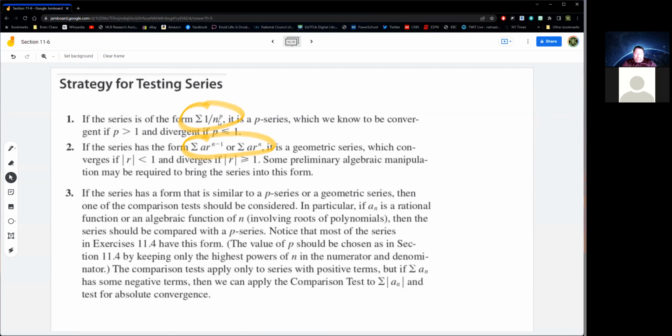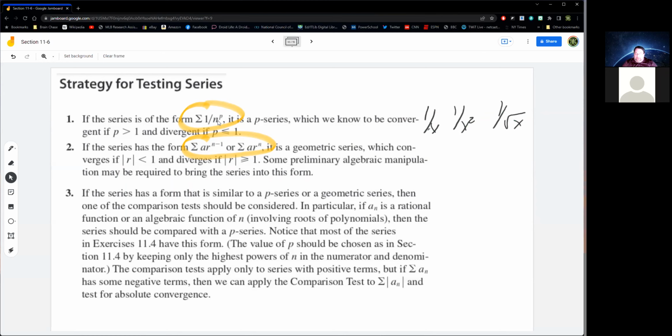So we have 1 over x squared, 1 over the square root of x. Those are all P series problems, because the power is going to be an actual number.